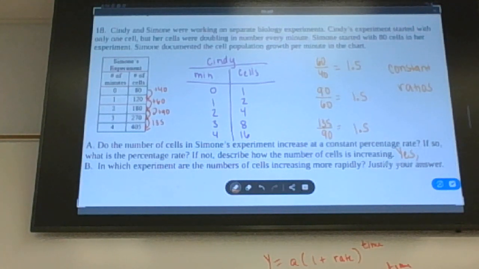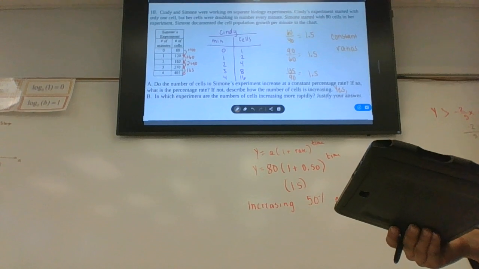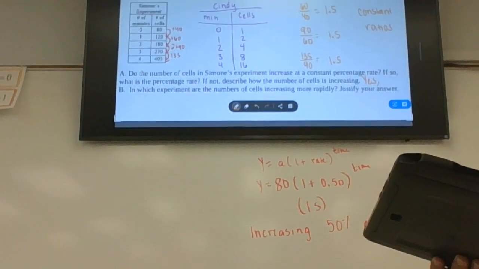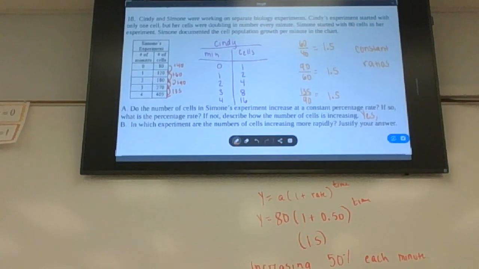So letter B, in which experiment are the number of cells increasing more rapidly? In Cindy's they are, because they're doubling. How much more rapidly is doubling than 50%?